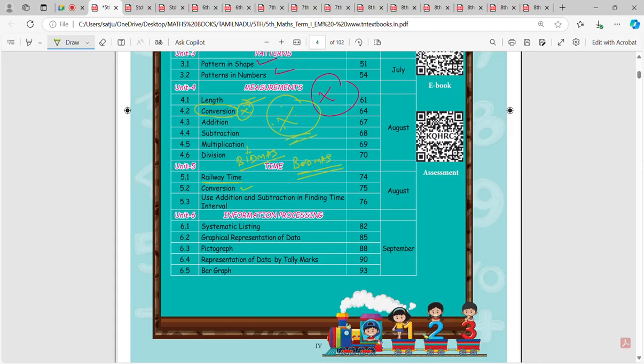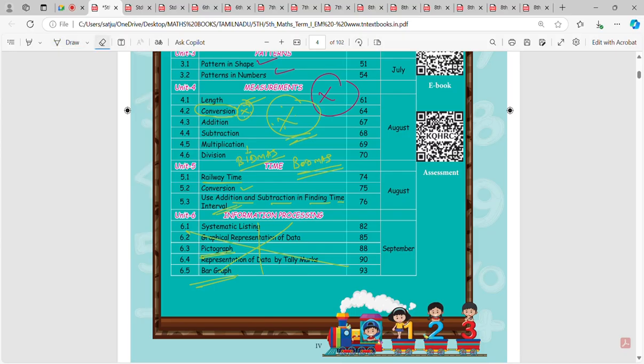Finding the time using addition and subtraction is also very basic level. This is not at all required. Bar graph and histogram, etc. we will see in the 8th standard or 9th standard, or else in the NCERT we will cover these things.